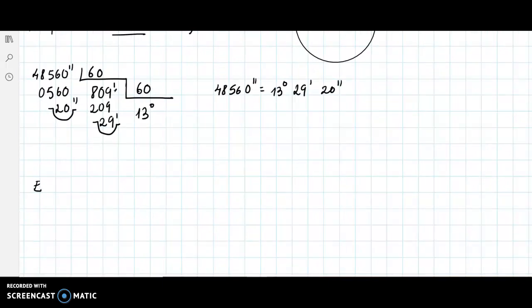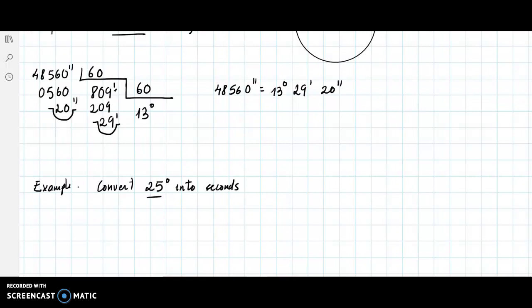Let's see another example, different now. For example, convert 25 degrees into seconds. Well, in this case, we have the largest unit, the degree.